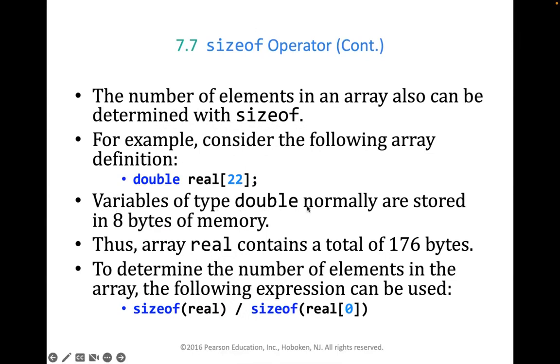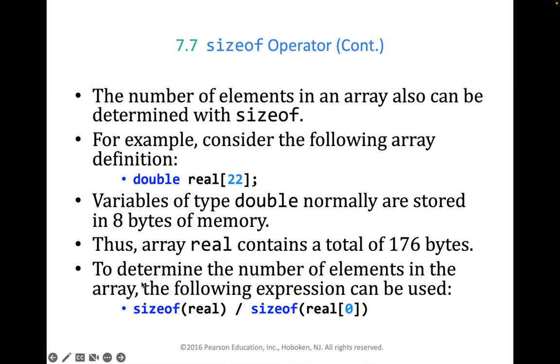Variables of type double are normally stored in 8 bytes of memory. So the array real is 22 times 8, that's 176 bytes.